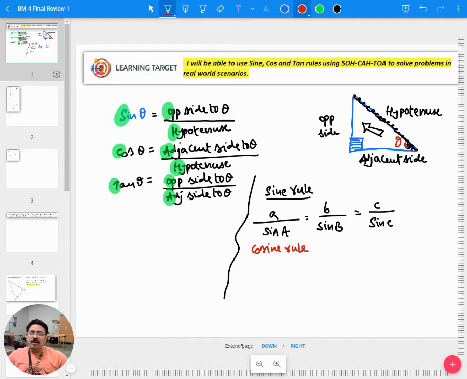So the cos rule is c squared equals a squared plus b squared minus 2ab times cos C. Anyhow, these rules you have to remember.